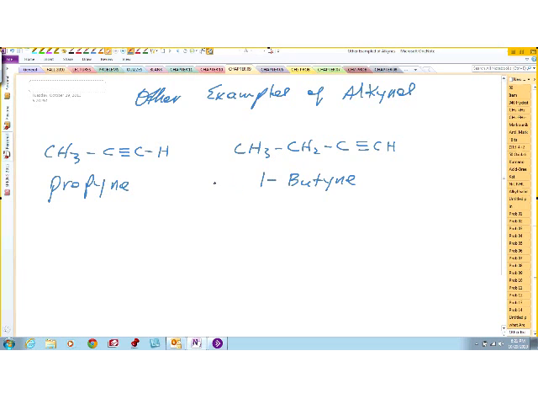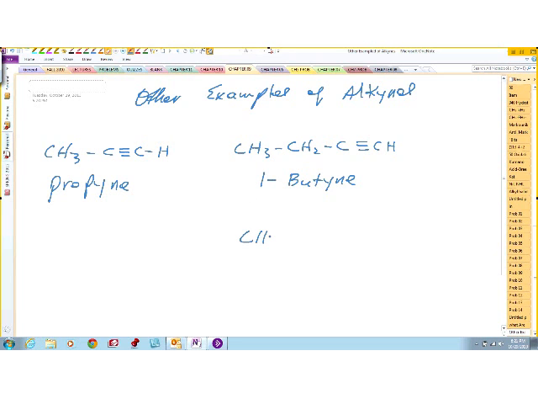You said we have to put one because there's only one possibility here anyway. In the propyne, you didn't put it, but you put it in the butyne. Yeah, because there is no need for it. Whatever it is, it is going to be 1 anyway.